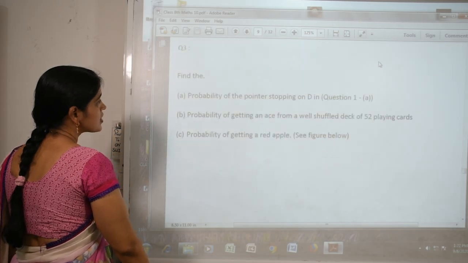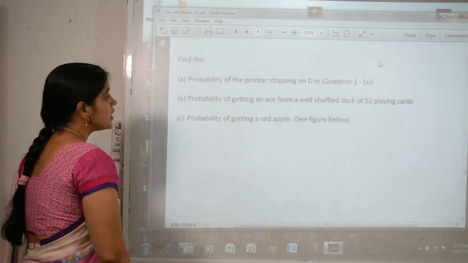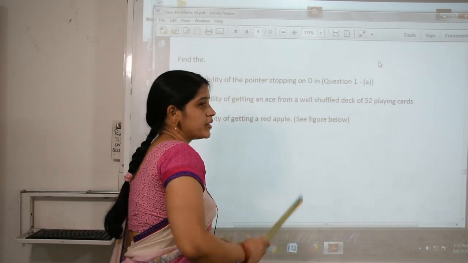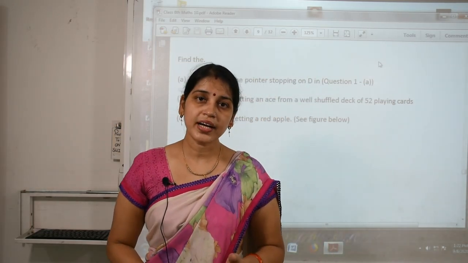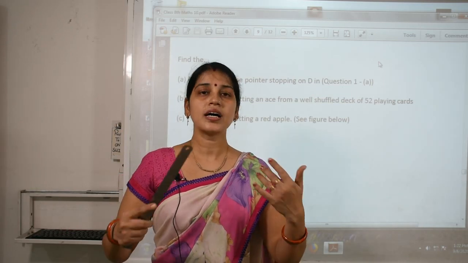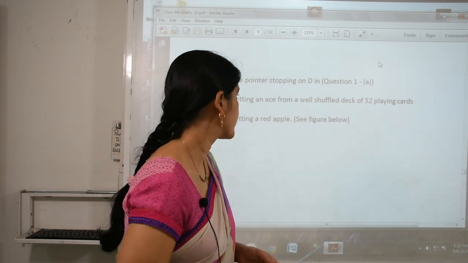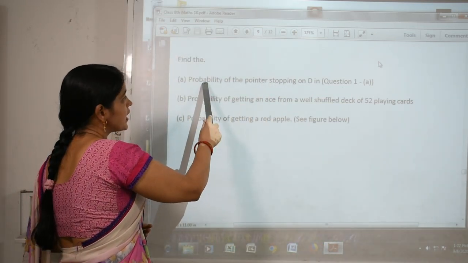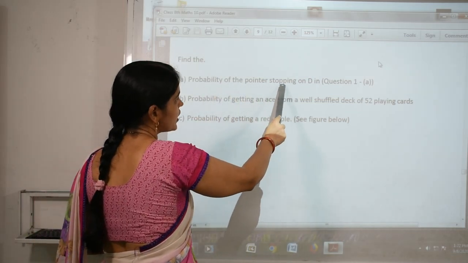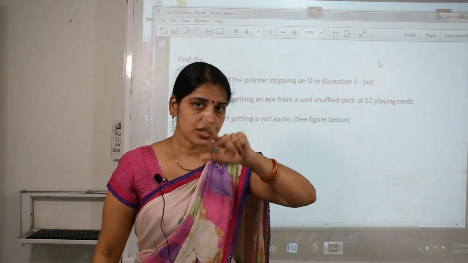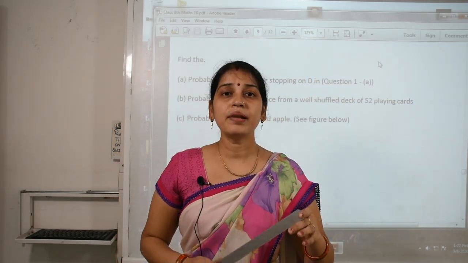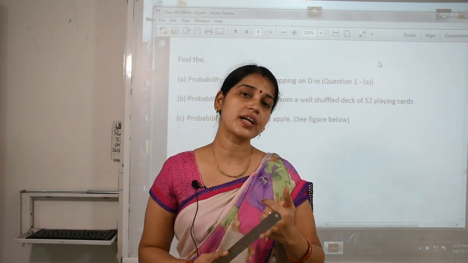Now, question number 3rd. Now here you have to find the probability. अब probability के लिए आपको बताया है formula, probability equal favorable outcomes upon total number of outcomes. So first आपको दिया है यहाँ पर probability of pointer stopping on D in question number first. First question में आपने एक wheel देखा है. wheel में जब stopper कहाँ stop हो रहा है?